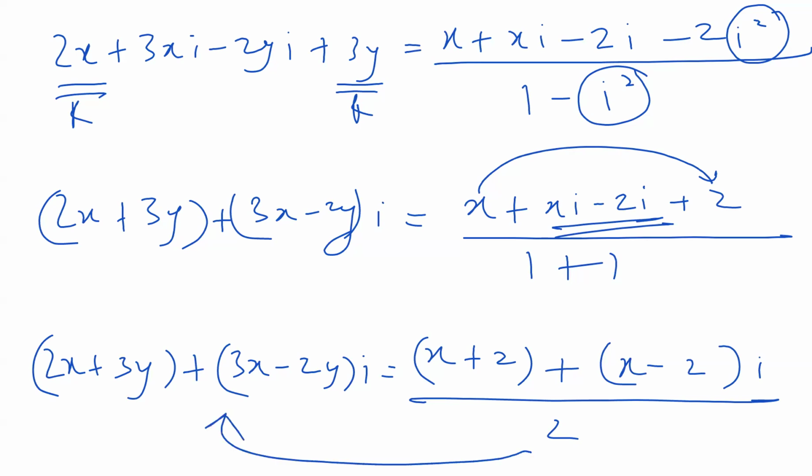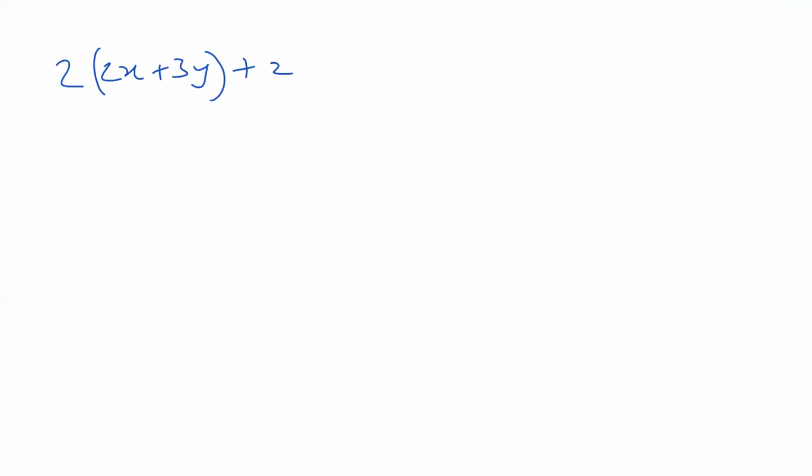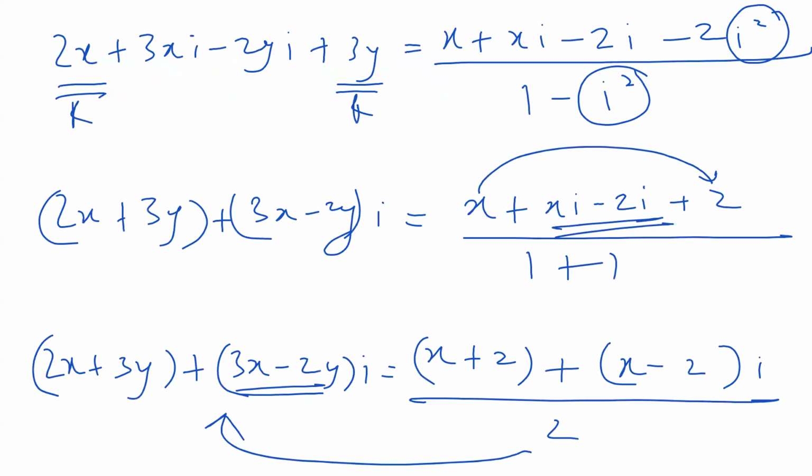Now multiply this 2 on the left-hand side, so it will be multiplied to the real part as well as the imaginary part. So 2(2x + 3y) + 2(3x - 2y)i equals (x + 2) + (x - 2y)i.